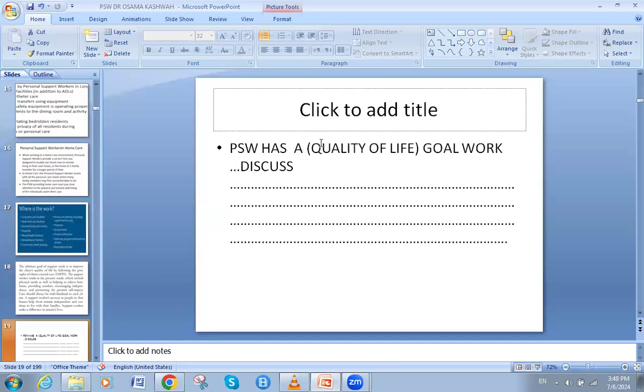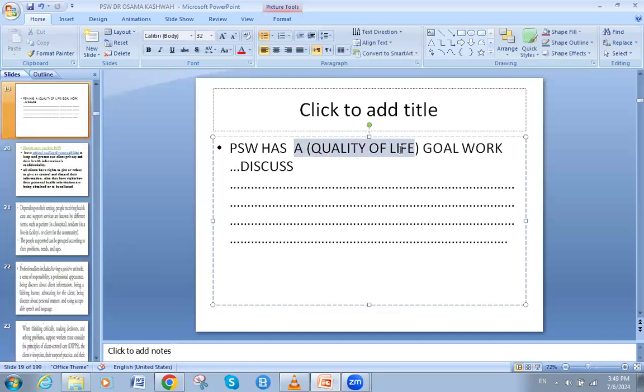Then we came to the question of how this is a job of high quality of life, a job that aims to provide high quality of life to people.